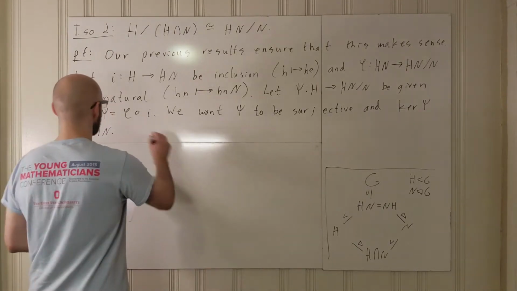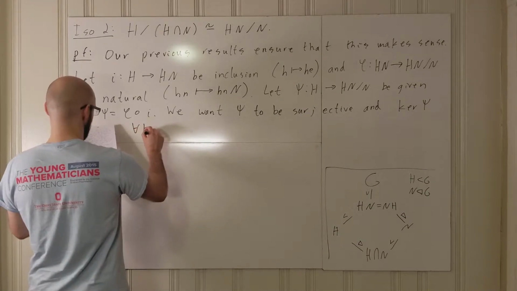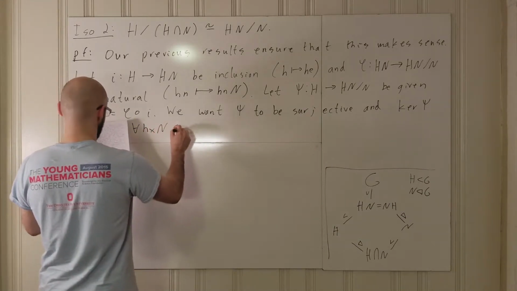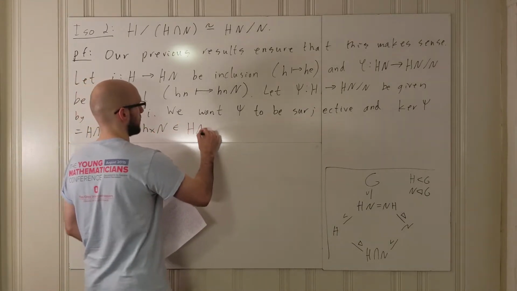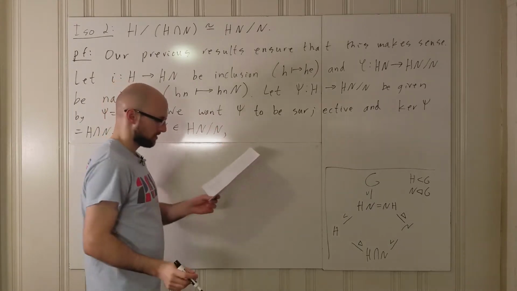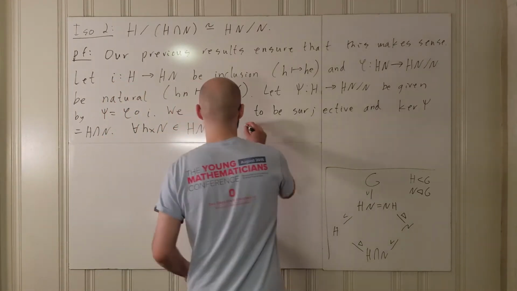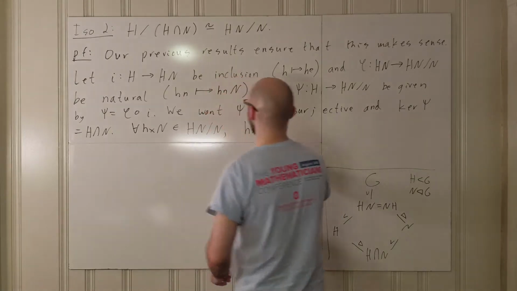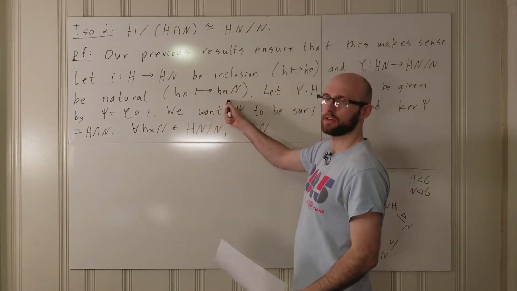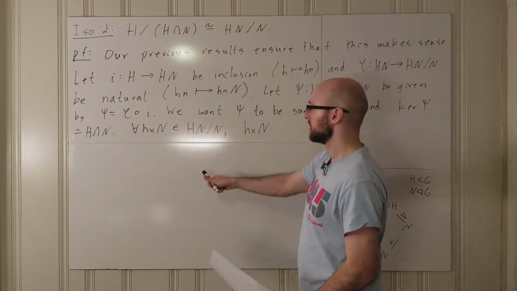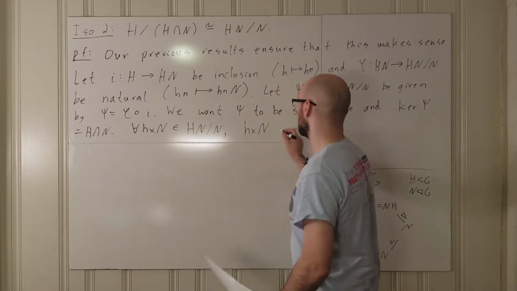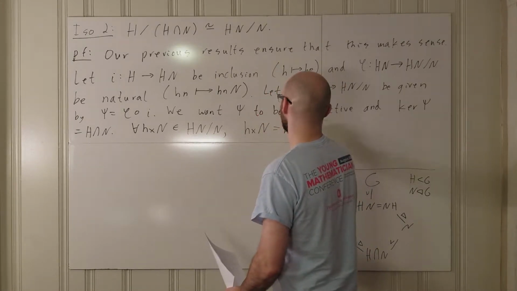So for surjectivity, for all hxN in HN mod N, now remember I said that clearly we can absorb that in here. So x is in N, so we can absorb that, so this is equal to hN.